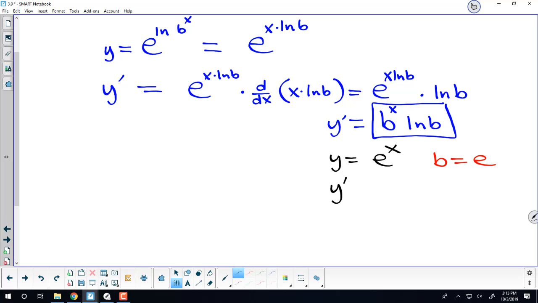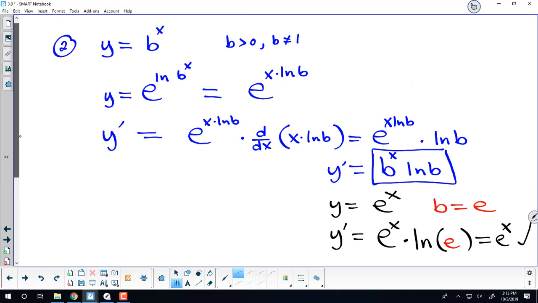It says to take the derivative of any exponential, we take the exponential as it is, and then multiply that by the natural log of its base. What's the natural log of e? It's 1. So e to the x goes to e to the x.